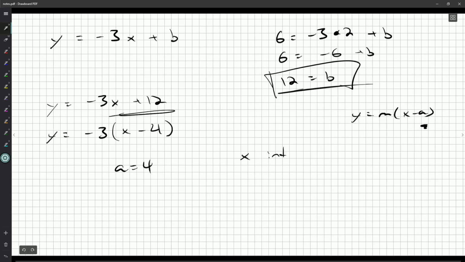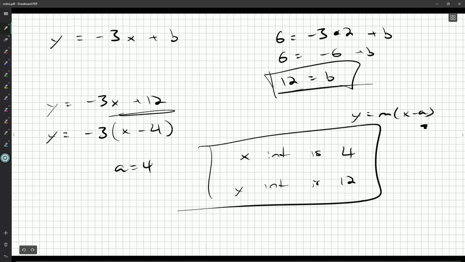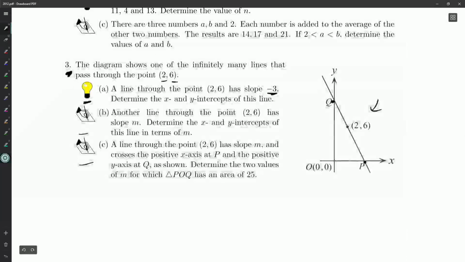So the x-intercept is 4 and the y-intercept is 12. There we go, and that's all they're looking for in part A. It's useful to know y equals m(x minus a) form. You don't have to. Of course, you could set y equal to 0 and solve for the x value, but both are fine.